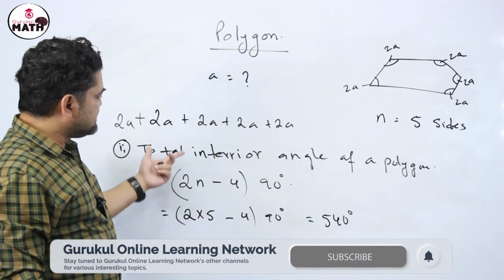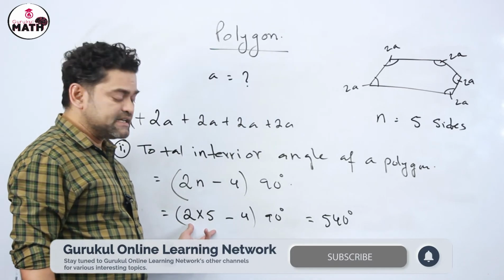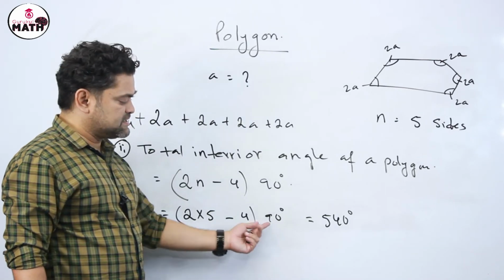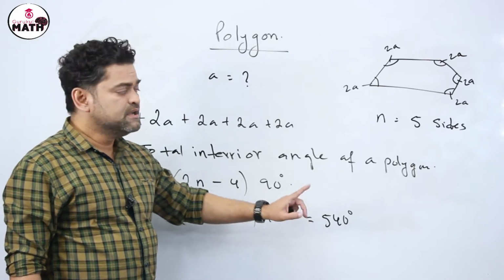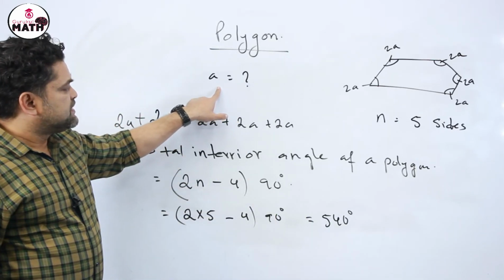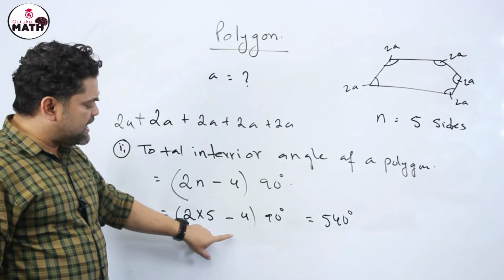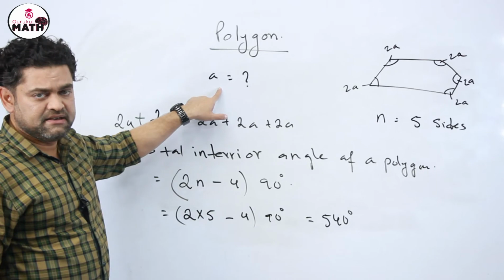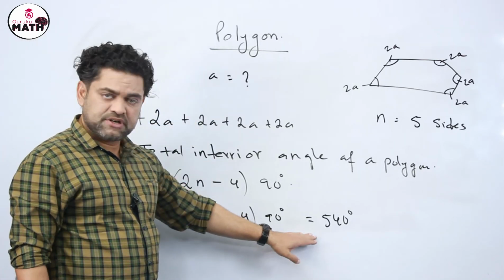This is my second lecture. I'm telling you about 2n minus 4, where n is 5 here. So 2 into 5 minus 4 is 6, times 90 degrees. I'm getting the total interior angle of a polygon as 540 degrees. But my main desire is to find the value of A. How will I find it? Before finding the interior angle, I cannot find A. Now I have found the sum of the interior angles of a pentagon is 540 degrees.